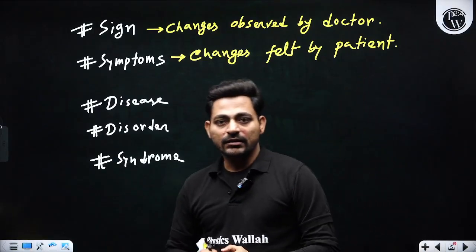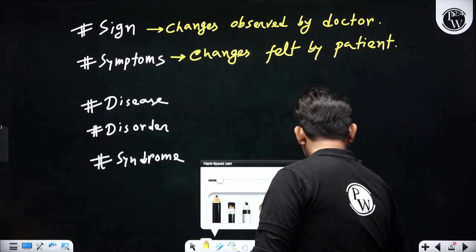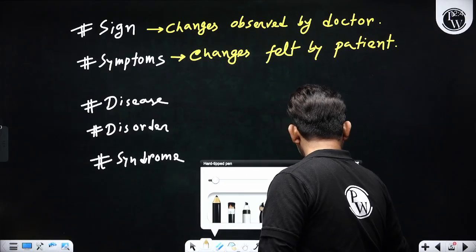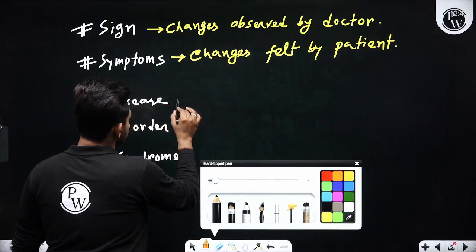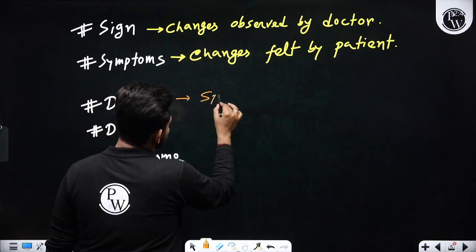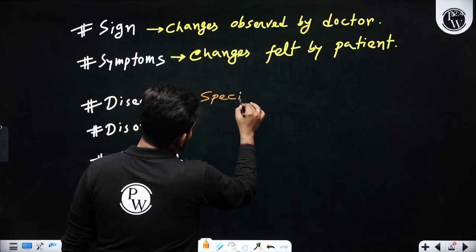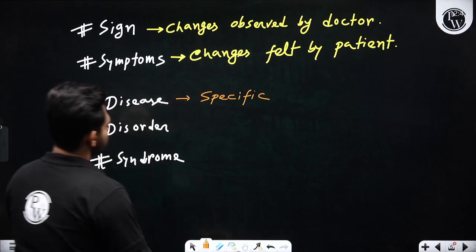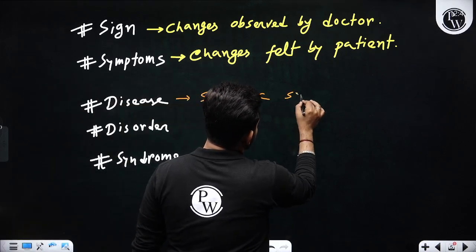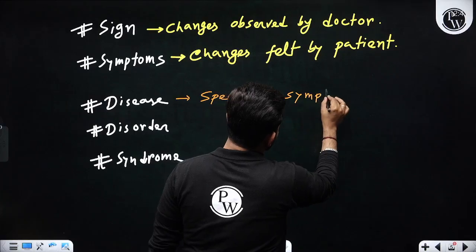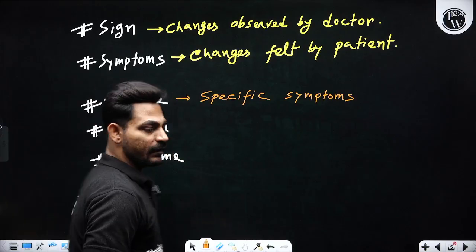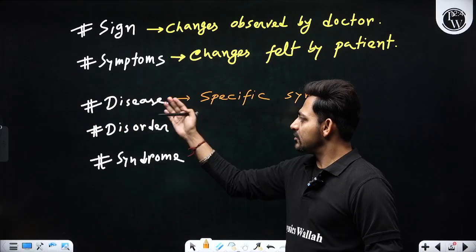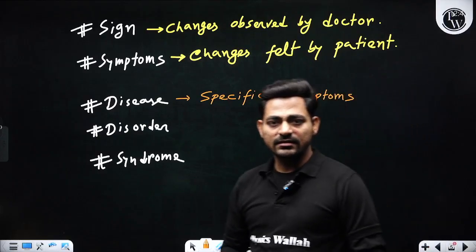Okay. Now, what is the difference between disease, disorder, and syndrome? Disease, there should be specific symptoms or signs against a particular discomfort condition. So that is called disease.